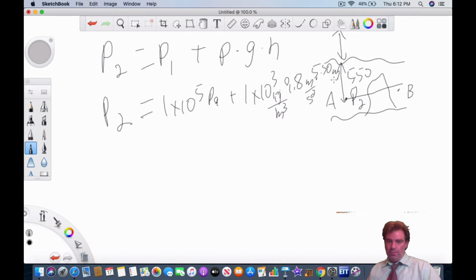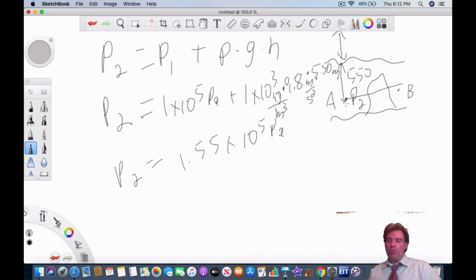And, of course, the height is going to be 5.50 meters. So now, when we multiply these three quantities, 1 times 10 to the 3rd times 9.8 times 5.5, which is the height, and we add it to 1 times 10 to the 5th pascals, we see that it's going to be 1.55 times 10 to the 5th pascals.